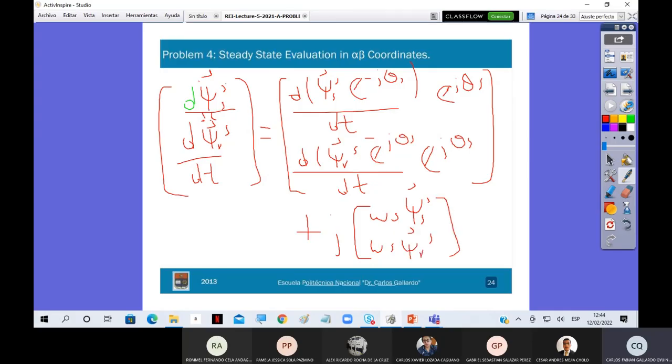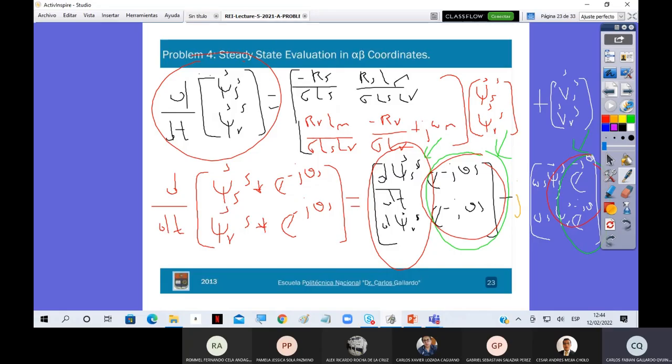Okay, so let's call this equation 2. And equation 1 is this one.